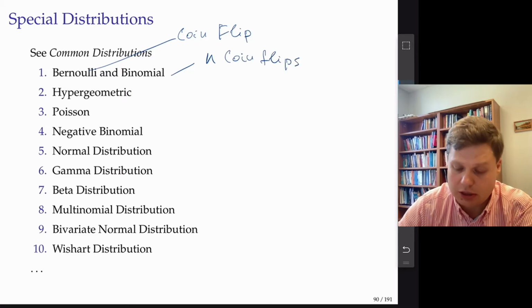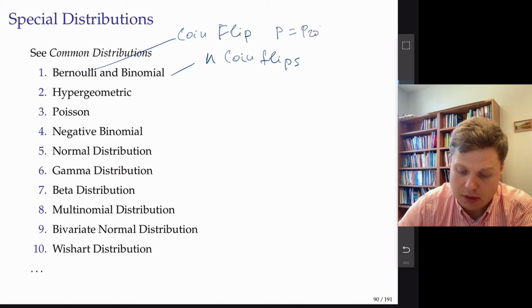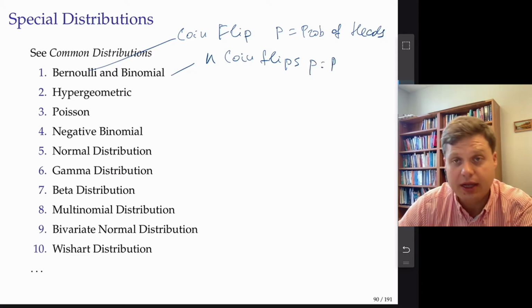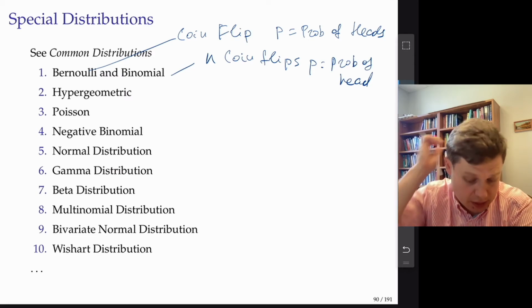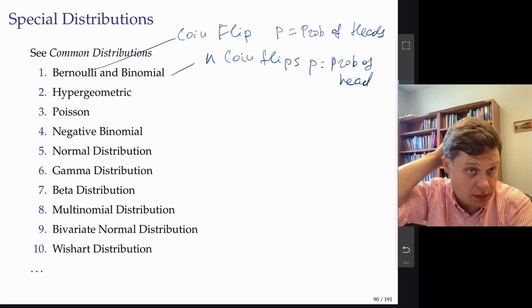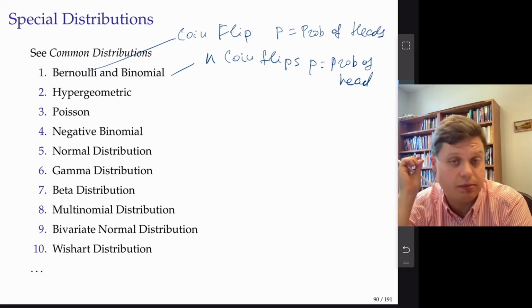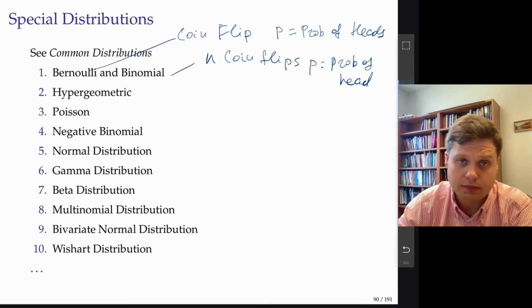Bernoulli just has one parameter p, the probability of success or probability of heads. And in n coin flips, you also have p, the probability of observing heads in each of those coin tosses. And binomial models the distribution over the number of successful outcomes k.